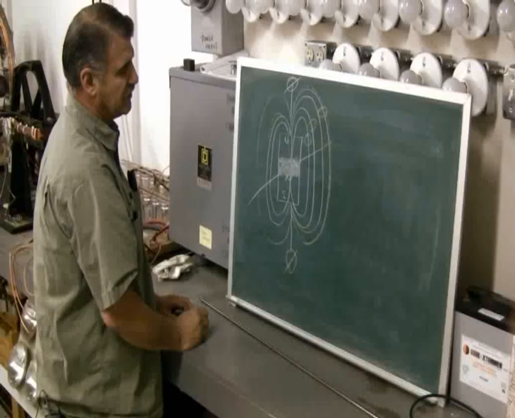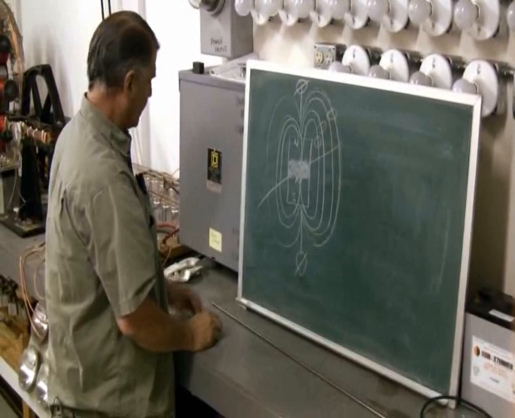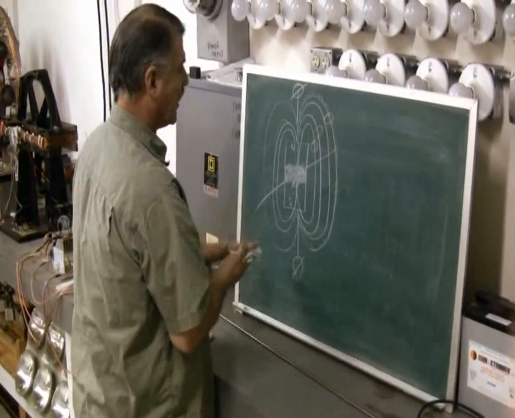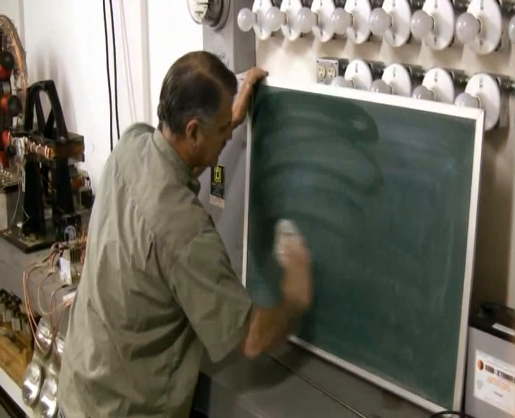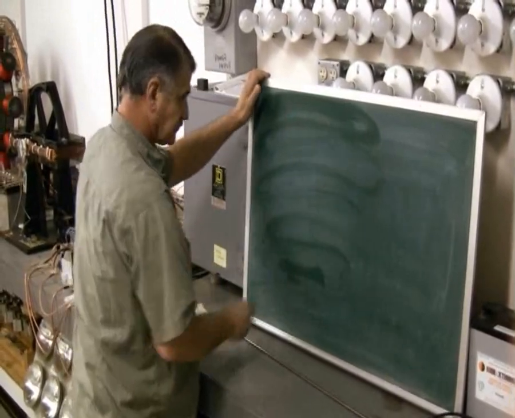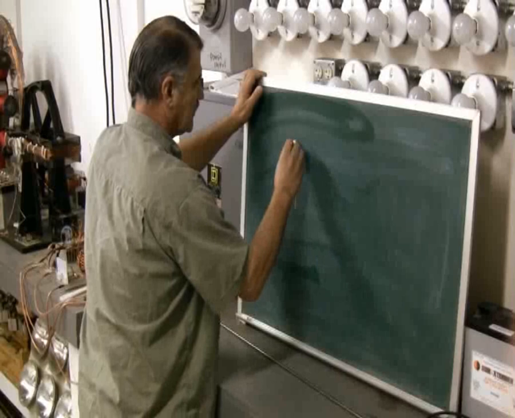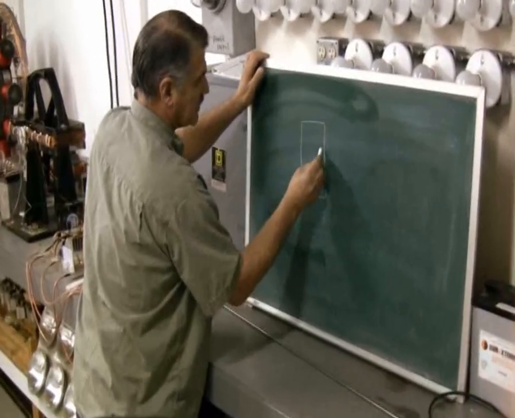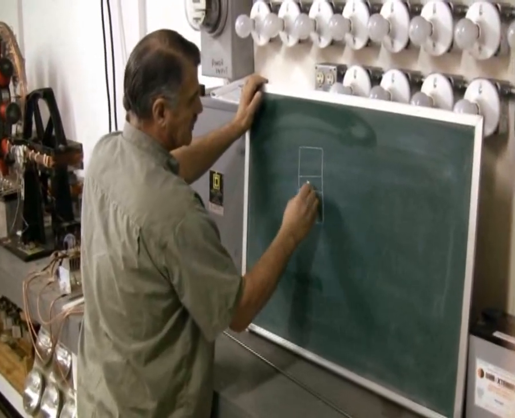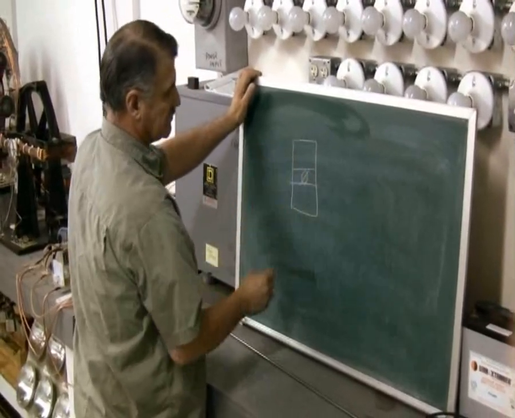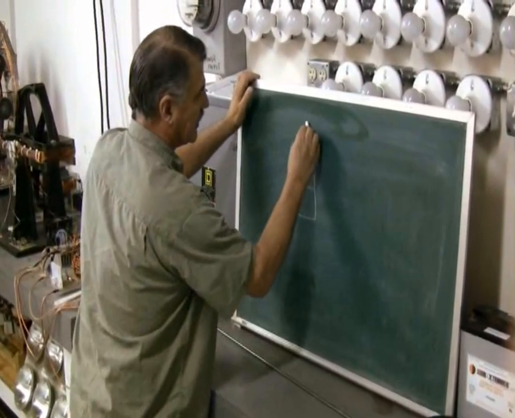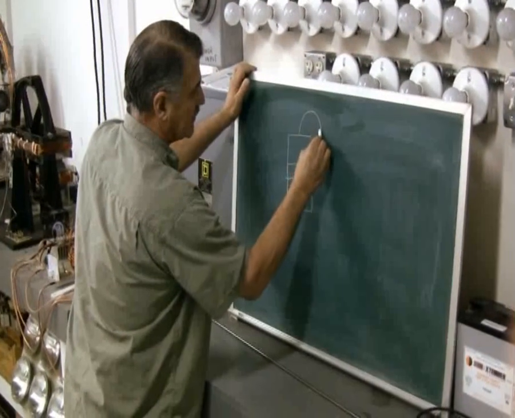So basically, this is just the way I visualize the magnetics taking place, is we have the Bloch wall. This is the absence of everything, zero. And we actually have this.